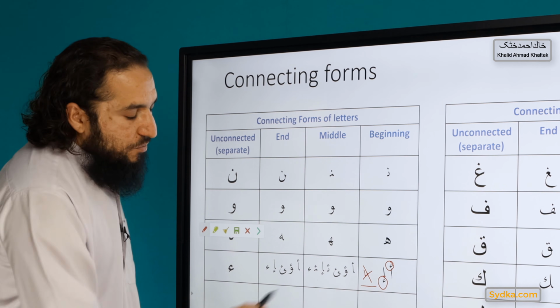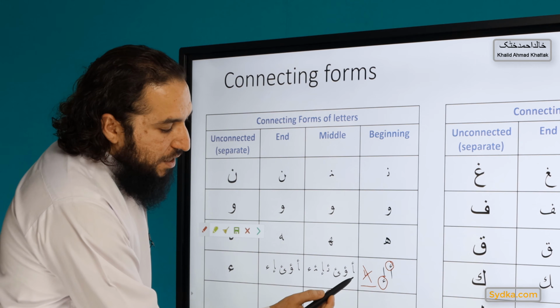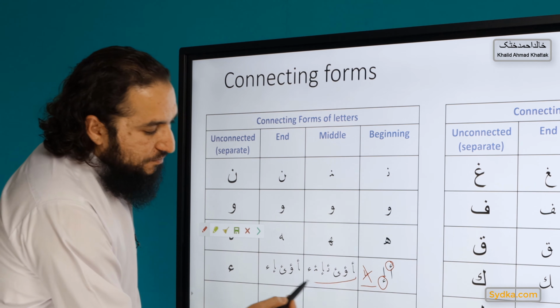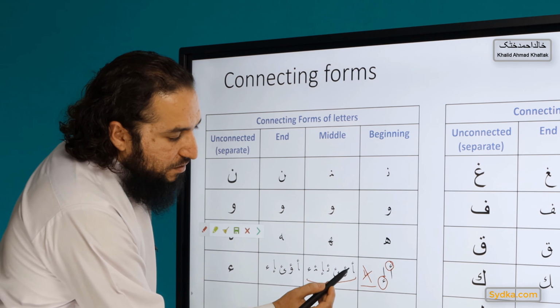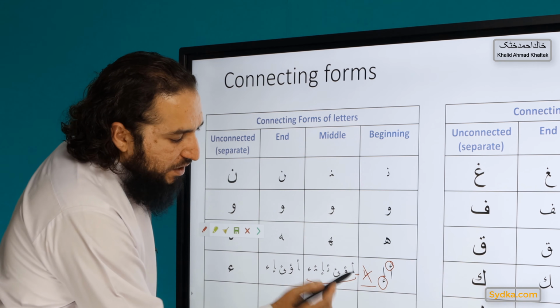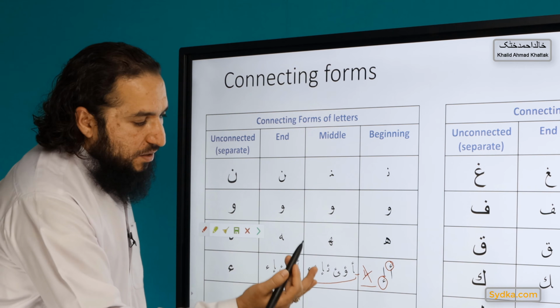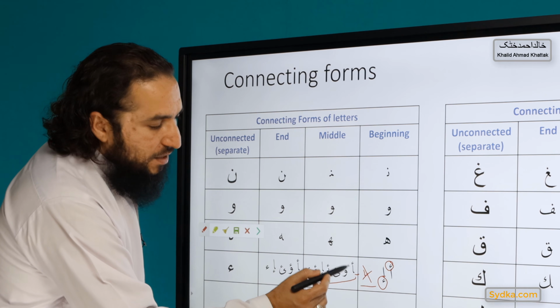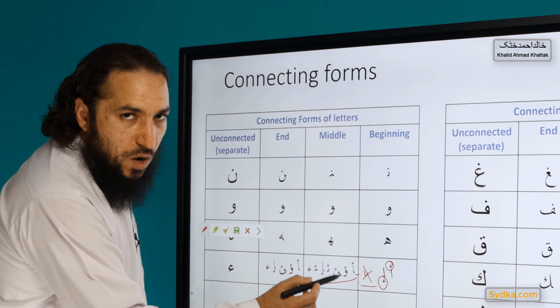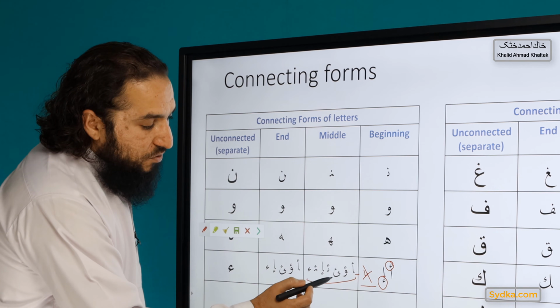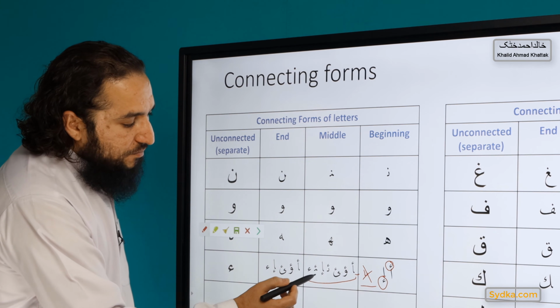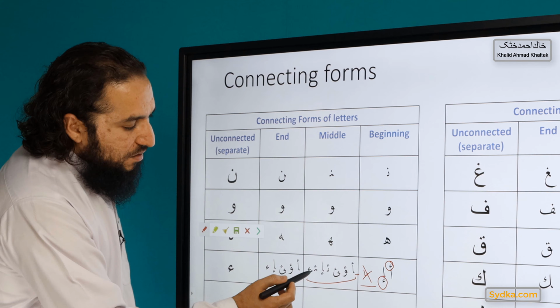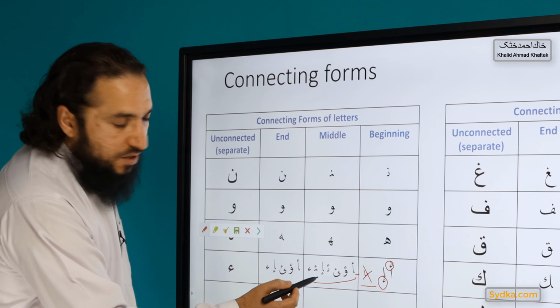If it comes in the middle, it uses chairs as well. For example, in this case, you can connect other letters before it, and it uses alif as a chair here. It uses waw as a chair here. It uses ya as a chair here, and you can see this is underneath as well.